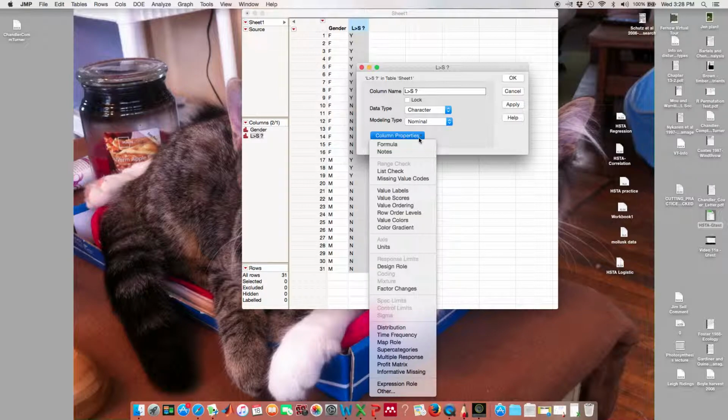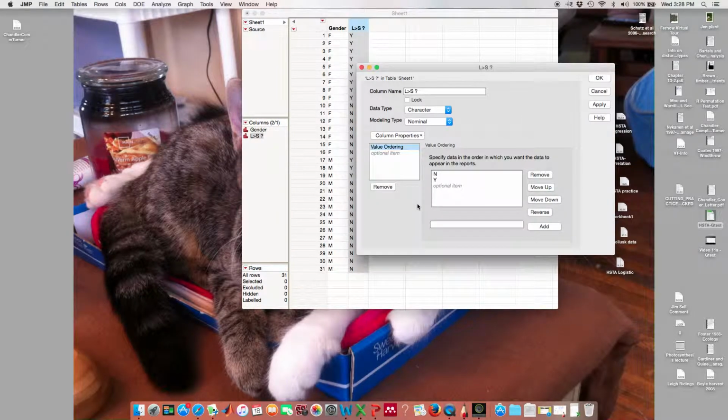So like we did for the logistic regression, I want to go to column properties, value ordering, and then I just want to move Y up in the window because that's the data I'm really interested in, and that's the way I want it to appear in the reports. I want to see the people who were better long distance runners first, so I'll move that up. This is not essential. This is just how I do it so I can see my data a little more clearly.